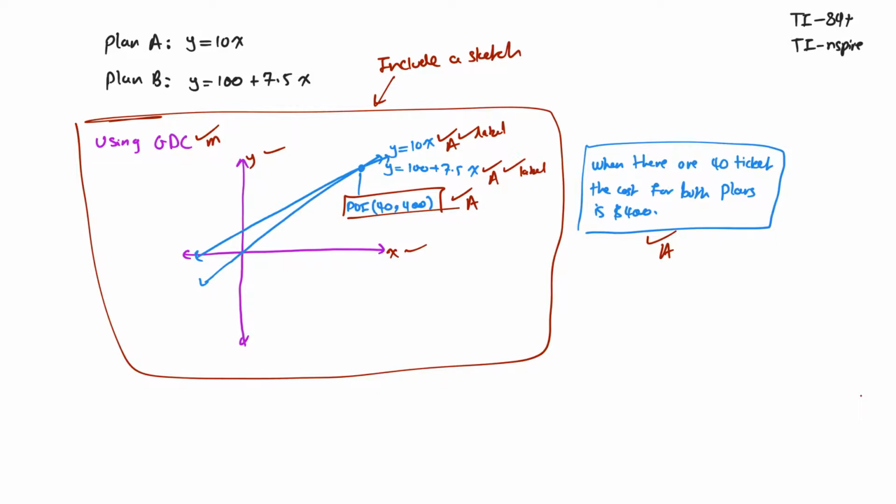And if it's not a real life problem, and the question was simply asking you to figure out the point of intersection for y is equal to 10x and y is equal to 100 plus 7.5x, and it wasn't given to you in the context of a real life problem, you don't actually need this concluding sentence. You just need to highlight this section over here which says your point of intersection is at 40 and 400.